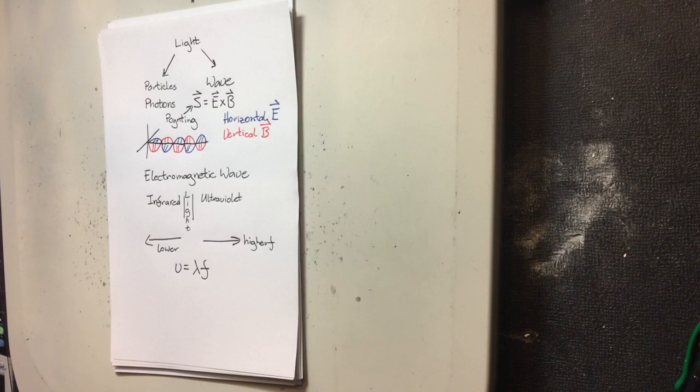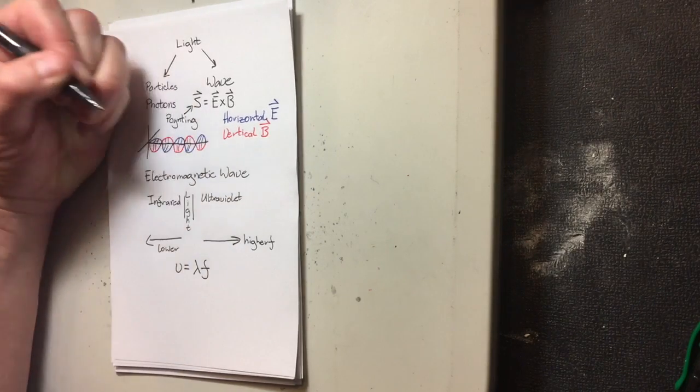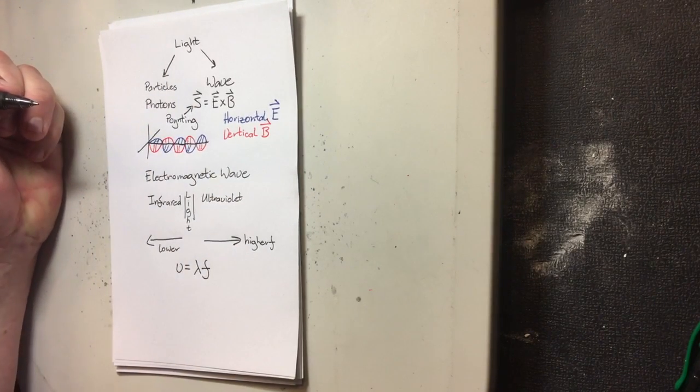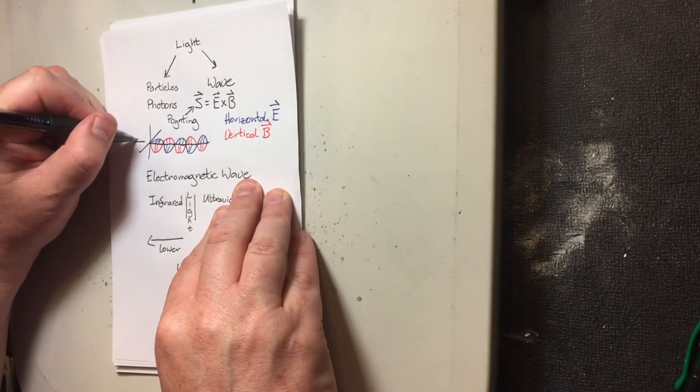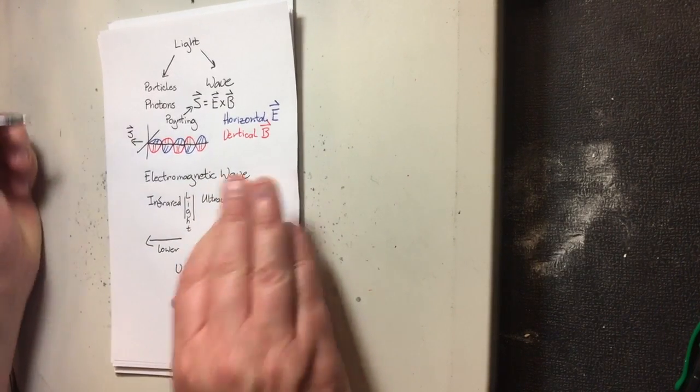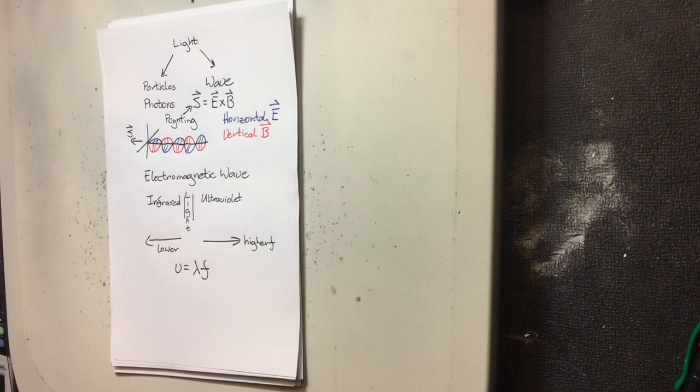If you know your E field and your B field, which way is this wave going? You go E cross B, that's the Poynting vector. Horizontal is the E, and in this particular case, they're going that way. And so you can tell the direction of the wave merely by the alignment of how the E fields and B fields oscillate.